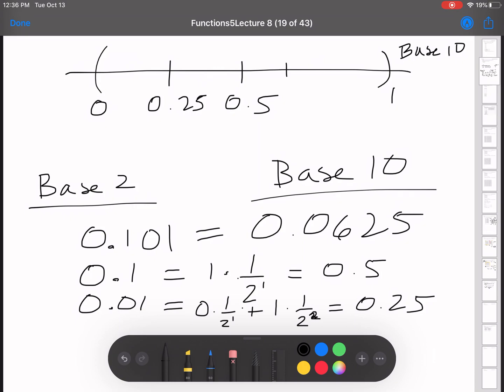So we've got, not quite to scale here, 0.625 there, something like that.